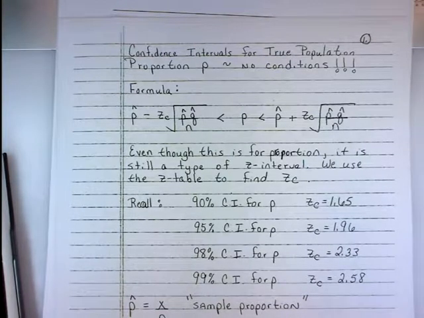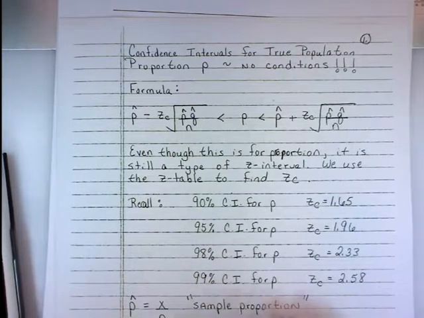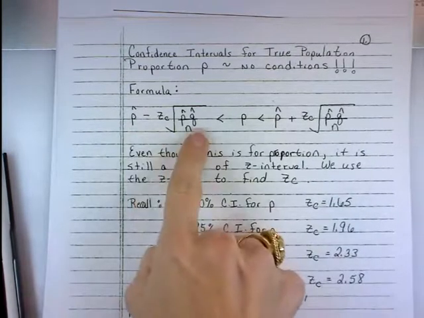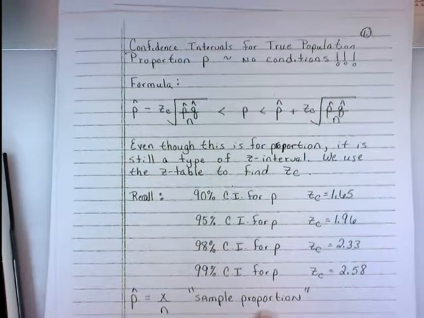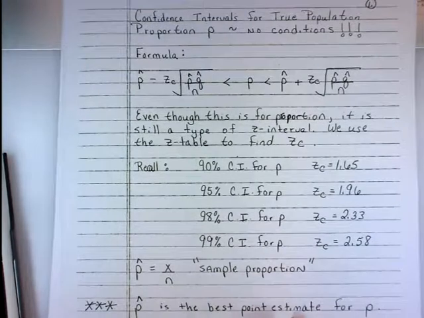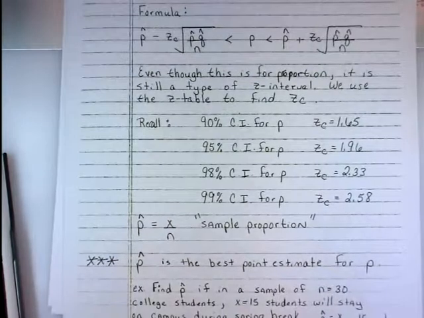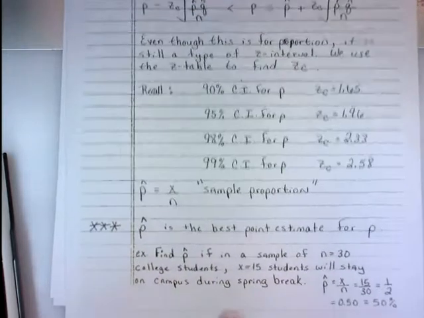The thing that you don't realize at this moment how to do in the formula is the p-hat and the q-hat. The p-hat is called sample proportion, and it's found from reading the problem. P-hat is the best point estimate for P. P-hat, sample proportion, is the best point estimate for population proportion. Here is an example. It's very easy to find.